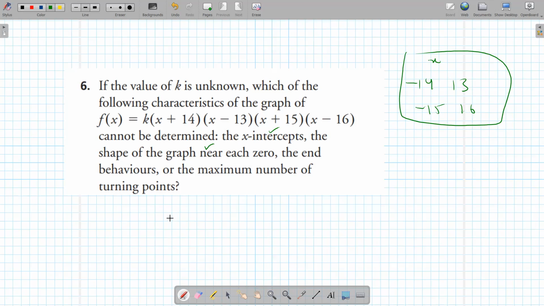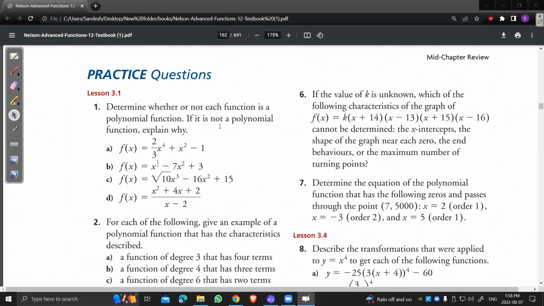We don't know if it's opening up or opening down, right? So we cannot find the end behaviors. What about the maximum number of turning points? You can. How many max turning points in this case? 3. Exactly. So the only thing we can't find if we don't know the leading coefficient is the end behaviors, which means is it opening up or is it opening down?